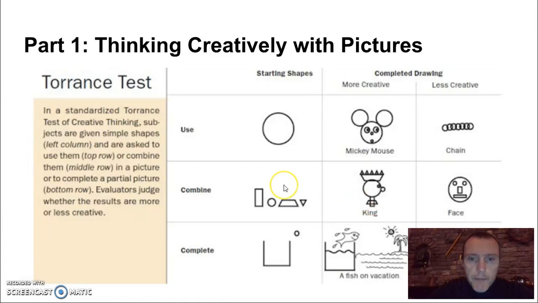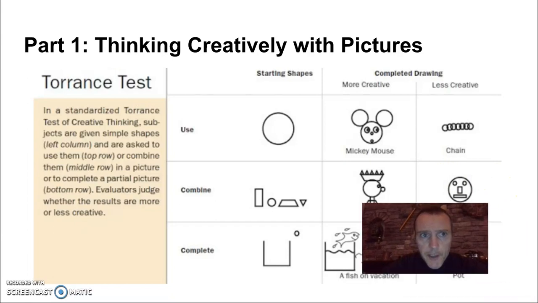In another such task, you have different shapes, rectangles, triangles, circles, but it's the same idea. You have to combine them to make a different image. Incidentally, with all these tasks with pictures, you have to give your picture a name. So you have to label your picture.